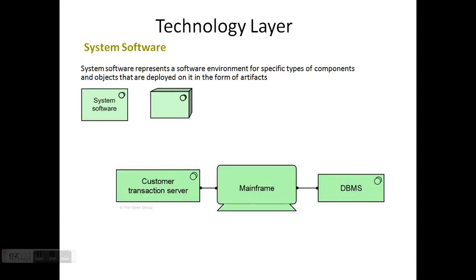This can be, for example, an operating system, a Java Enterprise Edition application server, a .NET server, a database system, or a workflow engine. Also, system software can be used to represent communication middleware like MQ series or similar things. Usually, system software is combined with a device representing the hardware environment to form a general node.